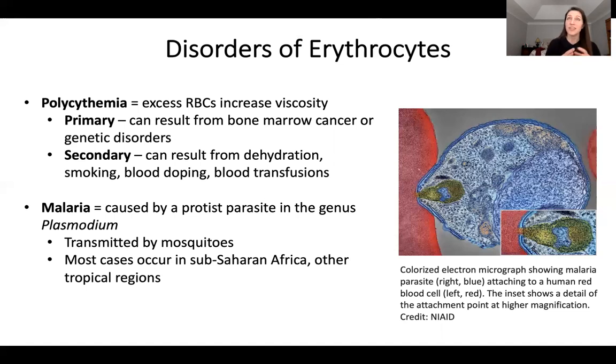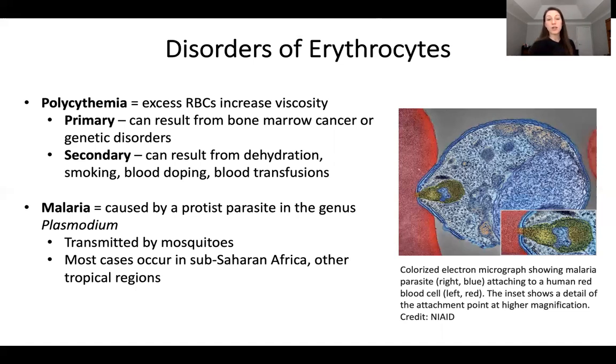Actually, the government agency that was tasked with ridding the U.S. of that particular species of Anopheles mosquito transitioned to the CDC after the eradication of malaria, essentially from the southeastern United States. And so the reason that the CDC is headquartered in Atlanta is partially because it was born out of the organization that was tasked with removing malaria from the US. So that's kind of an interesting side note.